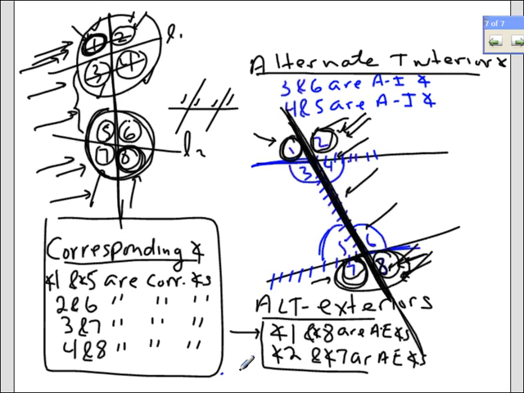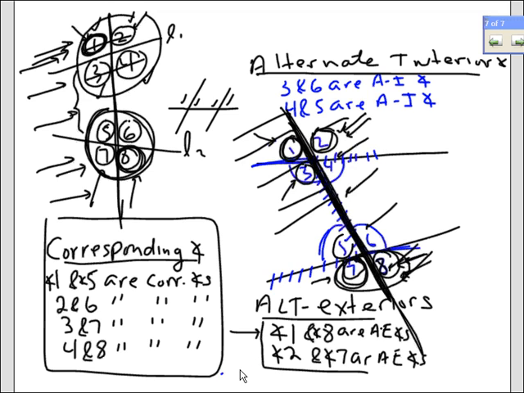Now, for alternate interior, we can basically say the same game. Angle 3 is interior. It lies on this side of the line. So you can play the Z game, which personally I like, or you can play the other side of the transversal line game. Angle 3 is interior, but we want alternate interior.